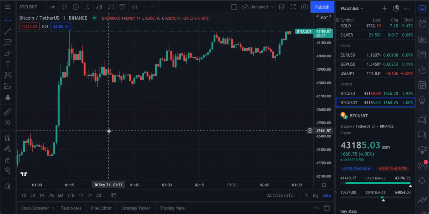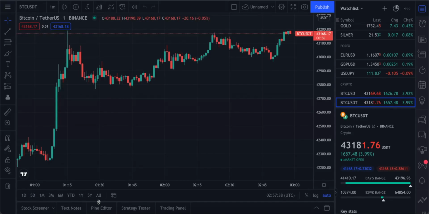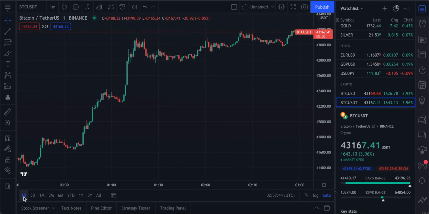And so now that we have the appropriate chart, with the appropriate information coming in from the right exchange that you want to use, we're going to look at time frames. So right off the bat here on the lower end of this chart, you see we have a 1-day chart. If you click on this, it's going to show you what the price has done within the past day.